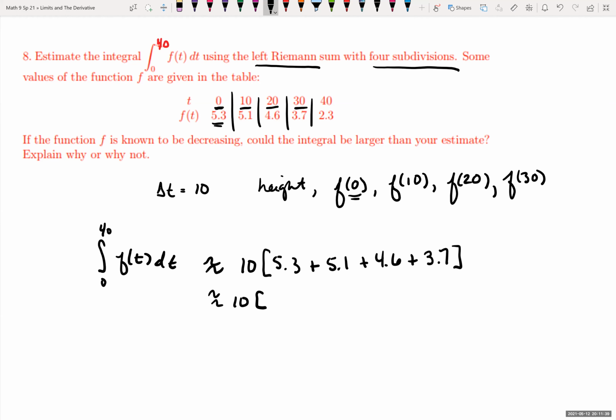And so if we sum all of these up inside the bracket, 5.3 plus 5.1 plus 4.6 plus 3.7, that gives us 18.7. But if we multiply that by 10, this is approximately 180.7.